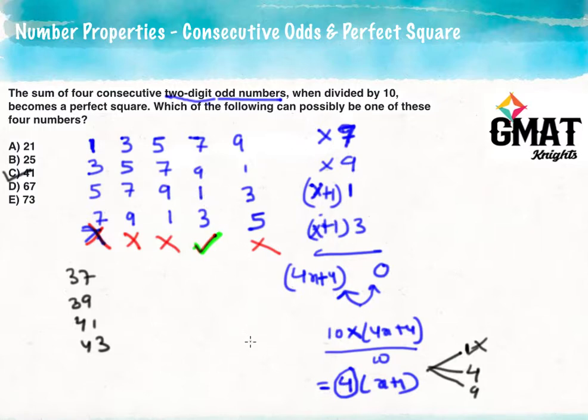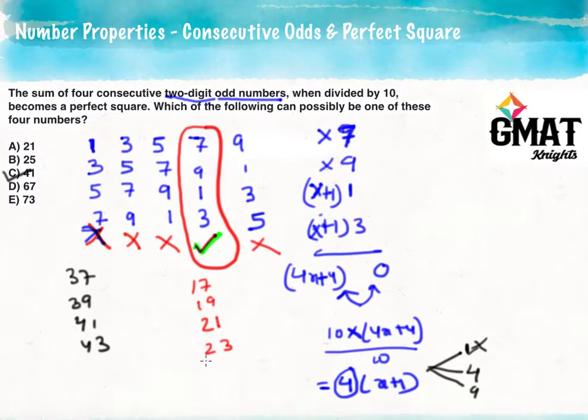The other method is to directly work out from the answer options. How can you do that? Let's look at that. Once we figure out that this is the desired case at hand, we can work out from answer choices. If you look at choice A, and choice A were true, then one of the numbers is 21, which means the preceding numbers are 19, 17, and the next number is 23.